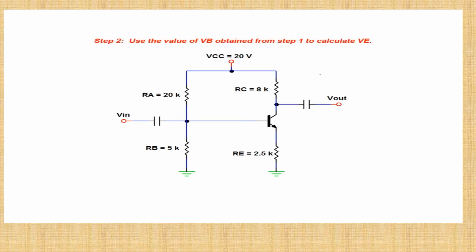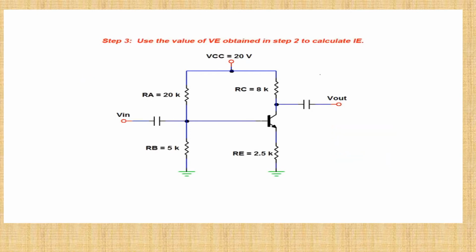We will now use the base voltage value obtained from our first step to calculate the voltage appearing at the emitter of the transistor. To do this, we subtract the base emitter voltage from our calculated base voltage to arrive at a value for emitter voltage. We use a typical value of 0.7 volts for the base emitter voltage to arrive at an emitter voltage of 3.3 volts.